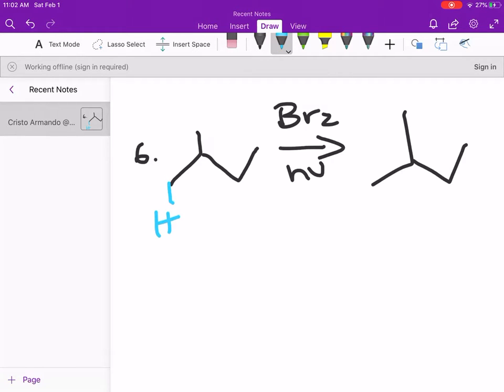One hydrogen from here, one right there, one right here. So we can see which one might be displaced. And we know that Br2 is more selective than chlorine, so it's going to pick out the carbon that is most substituted, which turns out to be the carbon with this hydrogen, right? So we end up with the following product, Br.